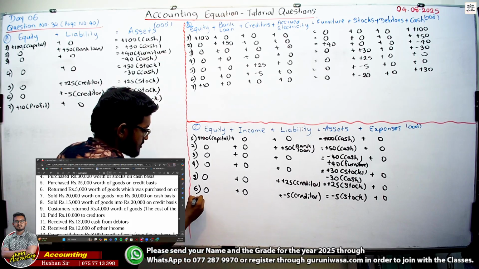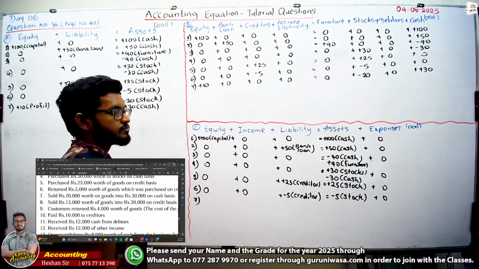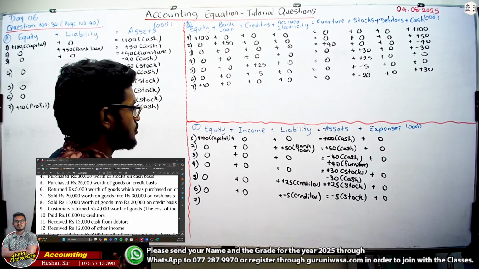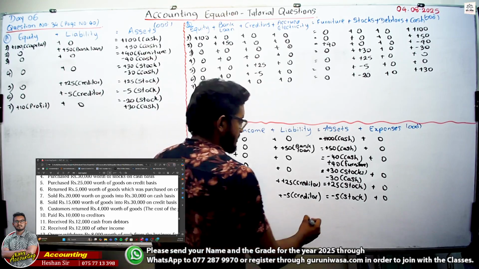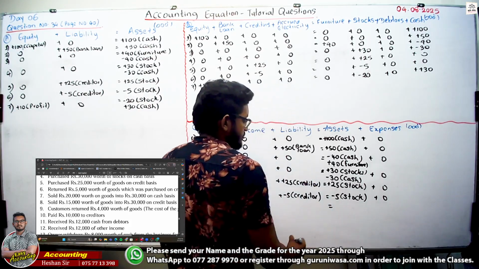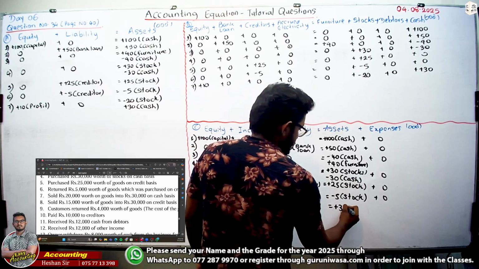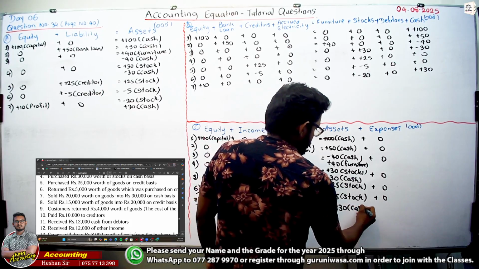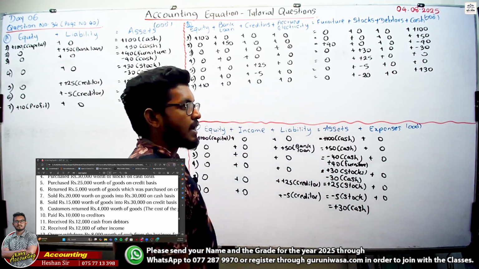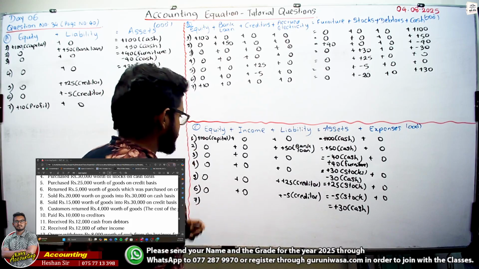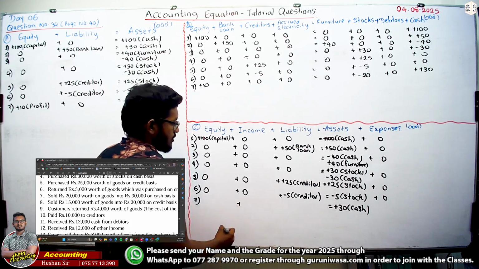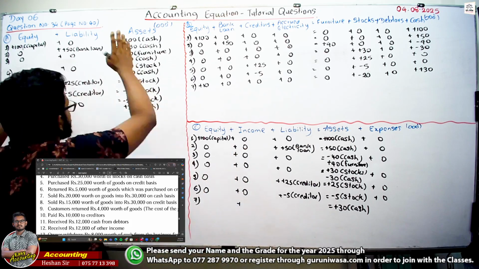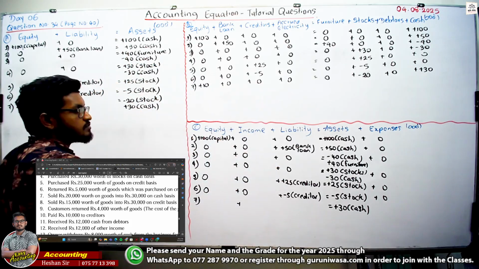Our cash asset increases by 30,000, and in parallel our sales income increases. Send me a thumbs up.